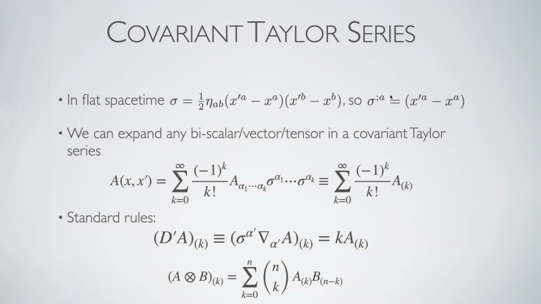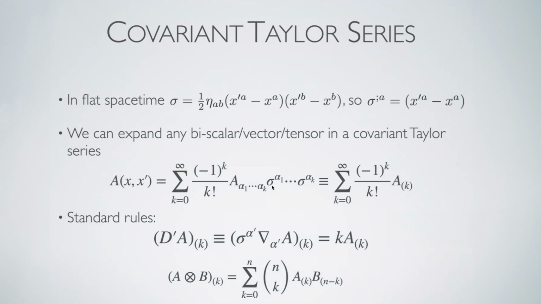So with sigma here, we can generalize the idea of a Taylor series, which is if you have a function A of x and x prime, then you can expand that function in a Taylor series where you've got a set of coefficients, these A's with indices on them, times delta x's, or in our case, sigma alphas. So this is the generalization of the idea of a multi-dimensional Taylor series to the case where you want things written in a covariant way in terms of the covariant quantity sigma.